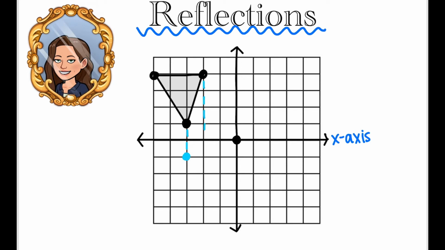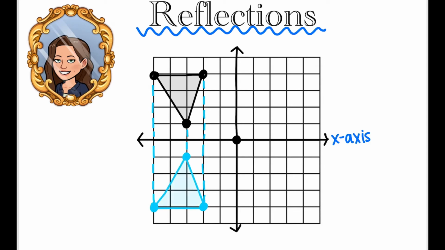That would be the point (-3, -1). And we repeat that process for each of the other points. So (-2, 4) becomes (-2, -4), and (-5, 4) becomes (-5, -4).